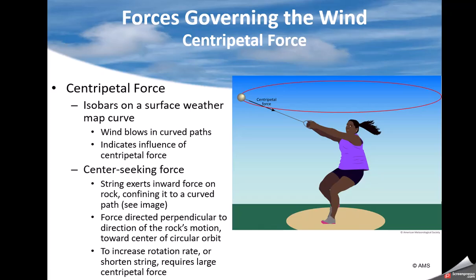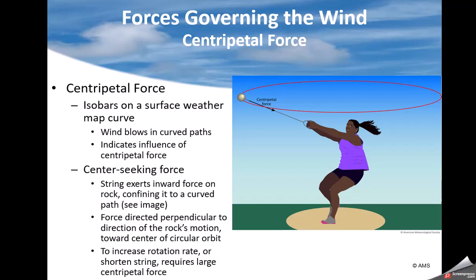Centripetal force. All right, that is located where the wind curves. So when you're going around a curve in the car, how do you keep your car going around that curve? What causes that? That's centripetal force. It literally is the force pulling you around the curve so you'll stay on that curve instead of going straight.